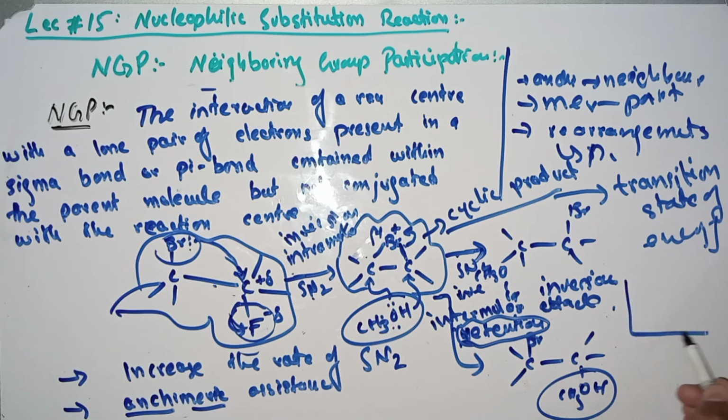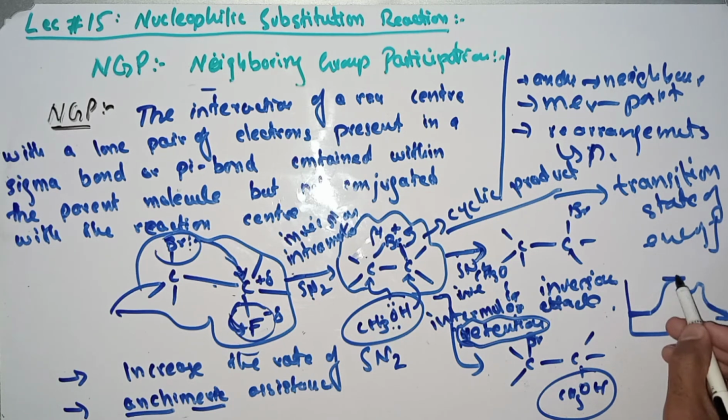Let's suppose this is the energy profile diagram, this is the initial position, this is the first step, while this is the second step, and this is the final product.